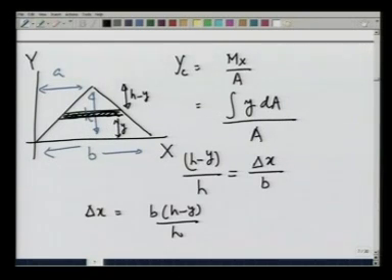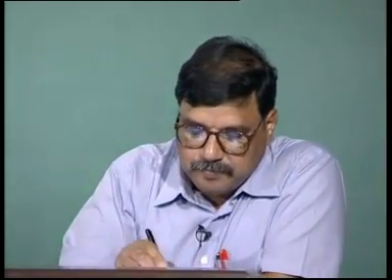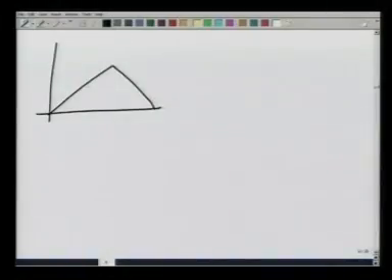This is the length of this strip, and therefore, we can write, make the picture again. I am taking this strip, I am not writing b and a this time.